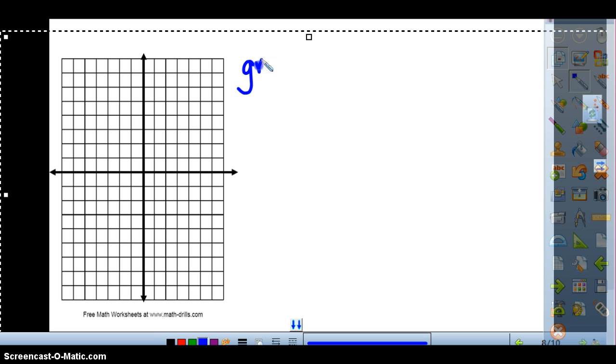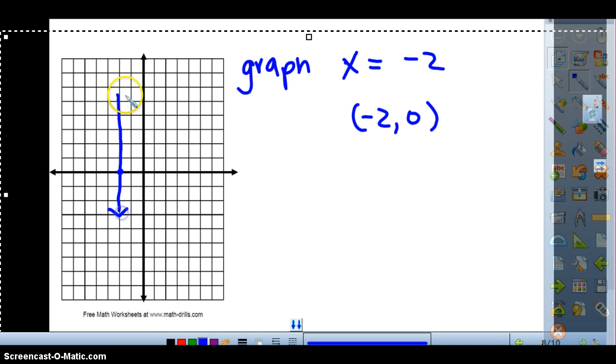Let's say we have to graph x equals negative 2. The graph is a vertical line through negative 2, 0. What do the arrows on the lines mean? That it keeps on going in both directions.